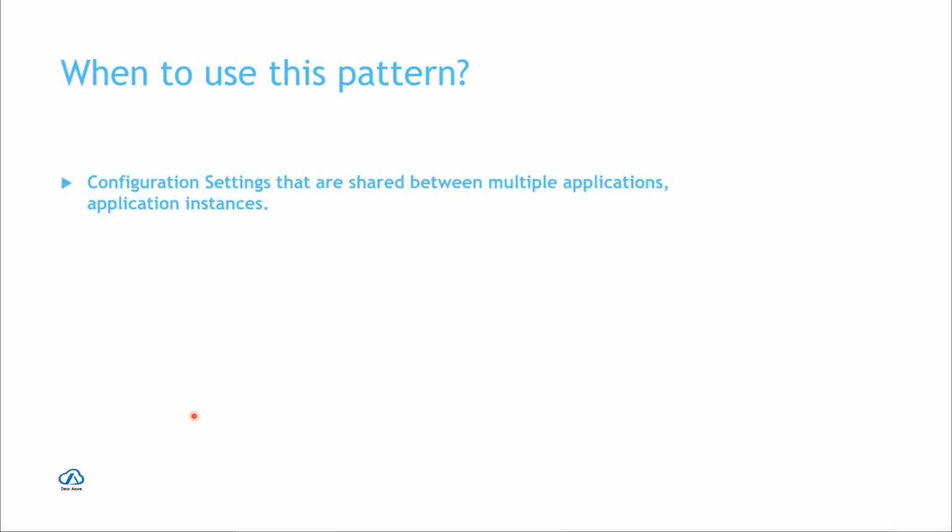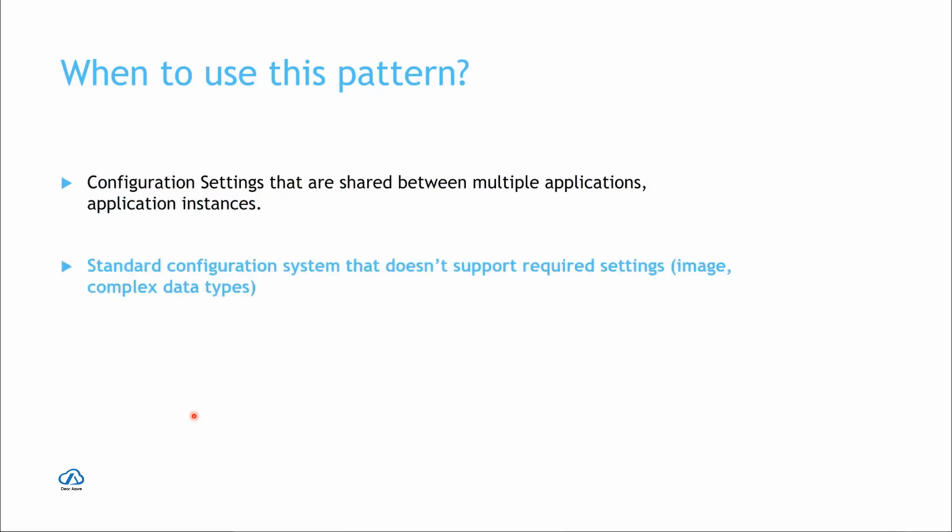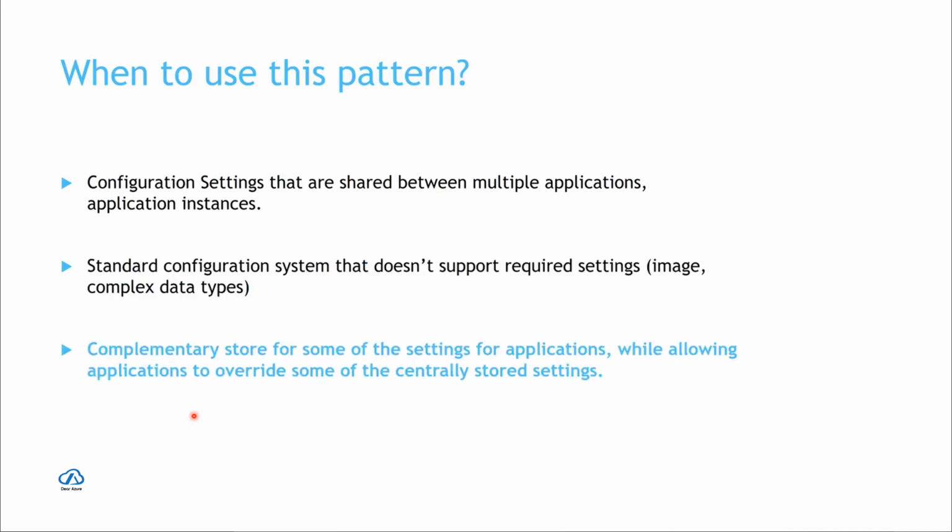Now let's see when we should use this pattern. When the configuration settings are shared across multiple applications or services or instances of the same application. Also, when you have complex data types, like an image, that you want to store in your configuration settings, which are not supported by default in the normal configuration files.